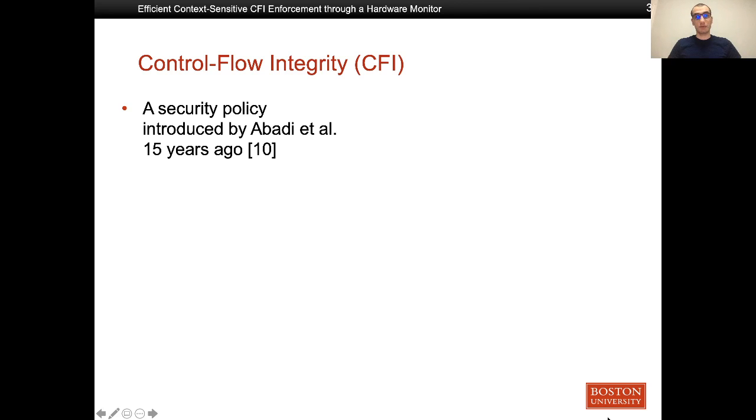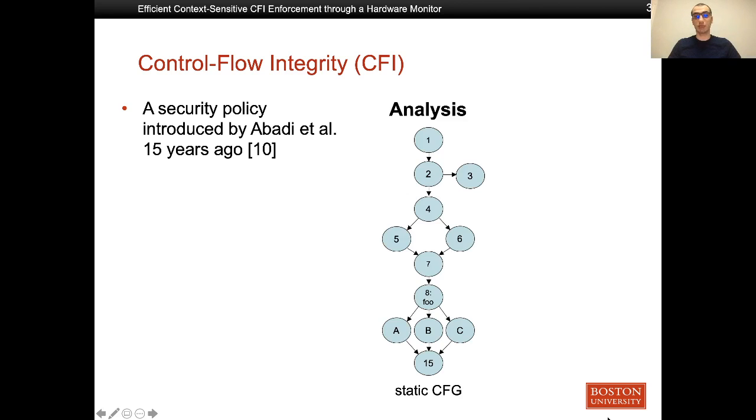Researchers have proposed several defense mechanisms to prevent control flow hijacking attacks, and in the last decade, control flow integrity has become quite popular. CFI consists of two phases. In the analysis phase, it generates a control flow graph statically.